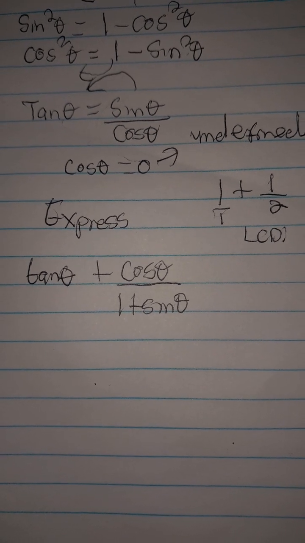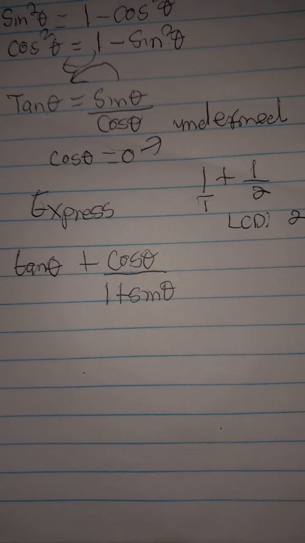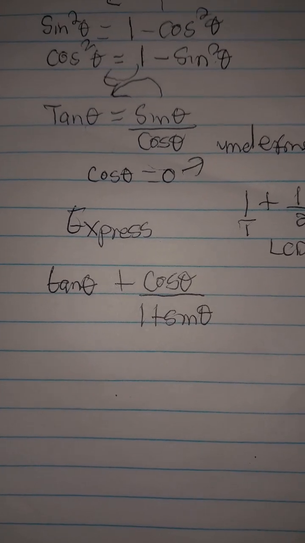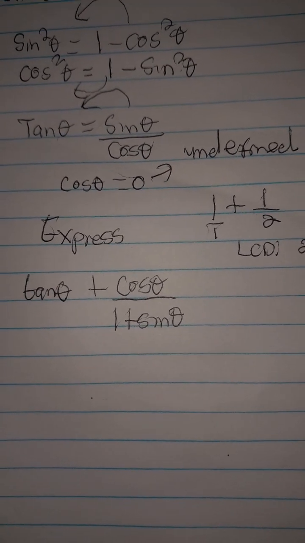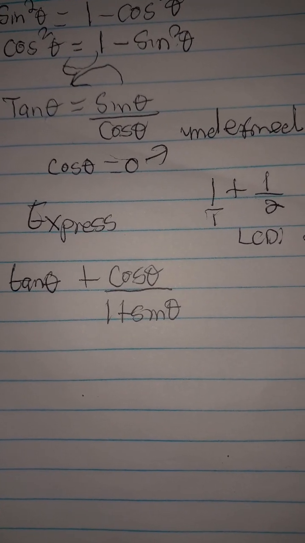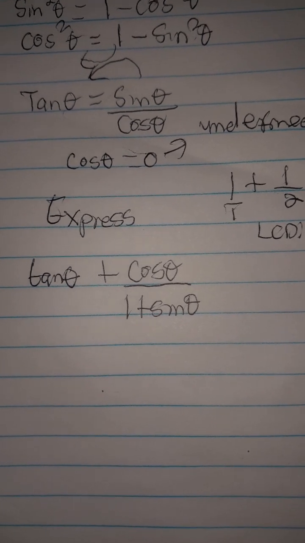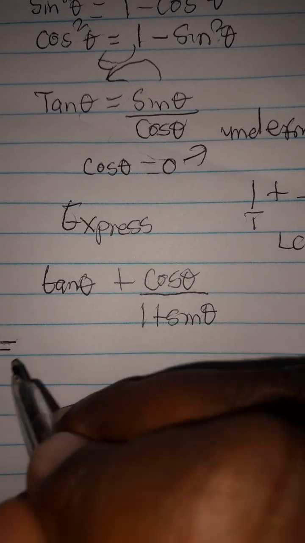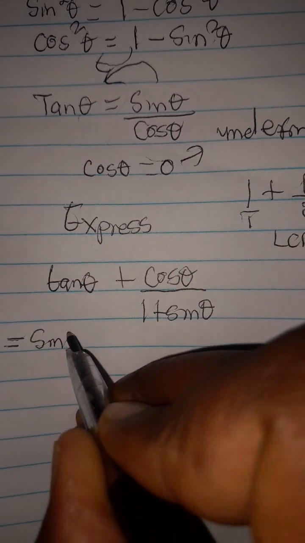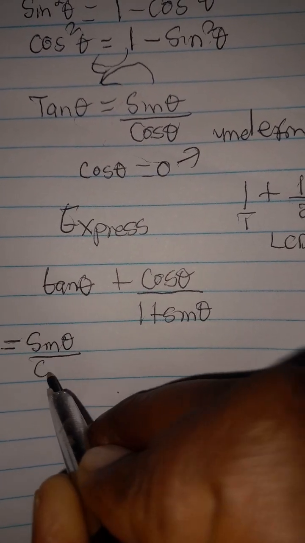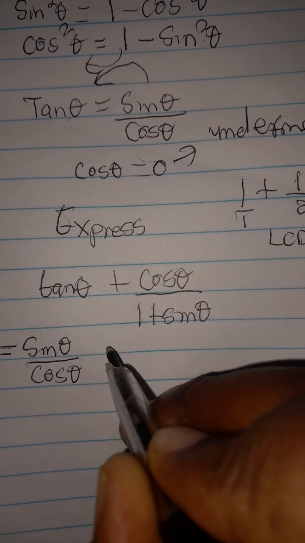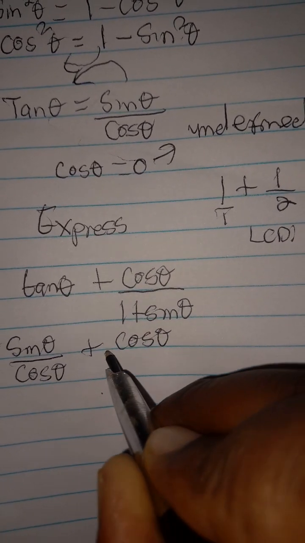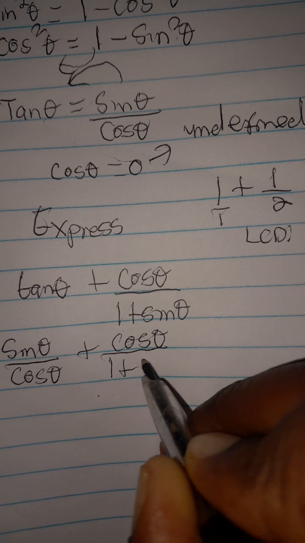Put that in your mind, right? Because you are given tan, remember I told you tan is a quotient. You change it to sine theta divided by cos theta plus cos theta divided by 1 plus sine theta.